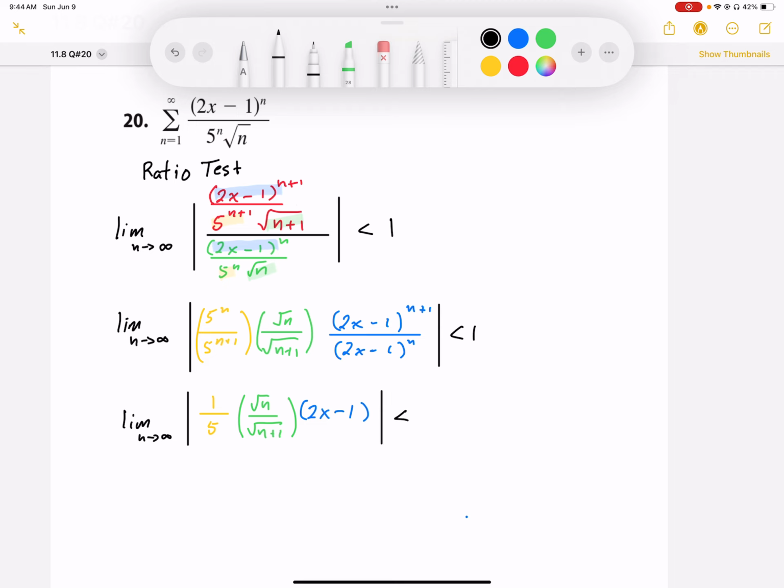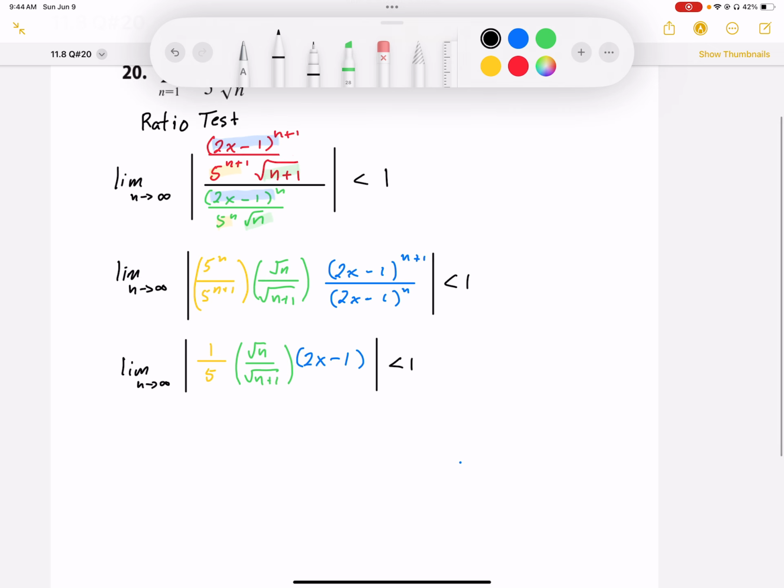Again, this is less than 1. So at this point, we can apply our limit. And as we apply our limit, that n over n becomes 1. So we're going to end up with 1 over 5, and the n over n becomes 1.